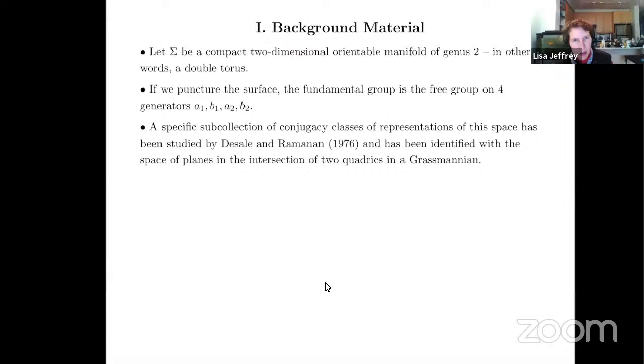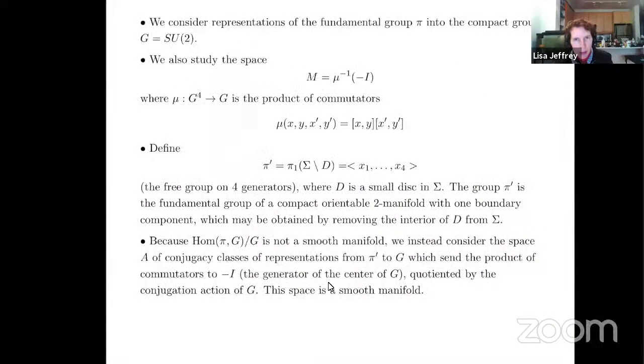So it's simpler to consider the space where the commutator of these generators is sent not to the identity element, but to minus the identity element. And then take the quotient of that.